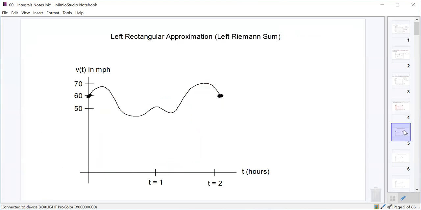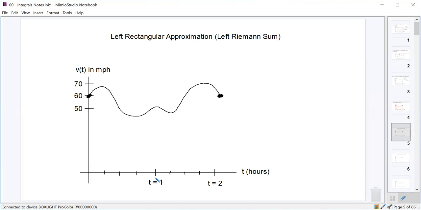So the first way we're going to do that is with what's called a left rectangular approximation, which means we're going to take our interval from 0 to 2, and we're going to divide it up into, if we can, and usually we'll be able to, equal subintervals. And so you can see I've got 8 little subintervals down here, 0 to 1/4, 1/4 to 1/2 to 3/4, 3/4 to 1, and so on, down to 2.